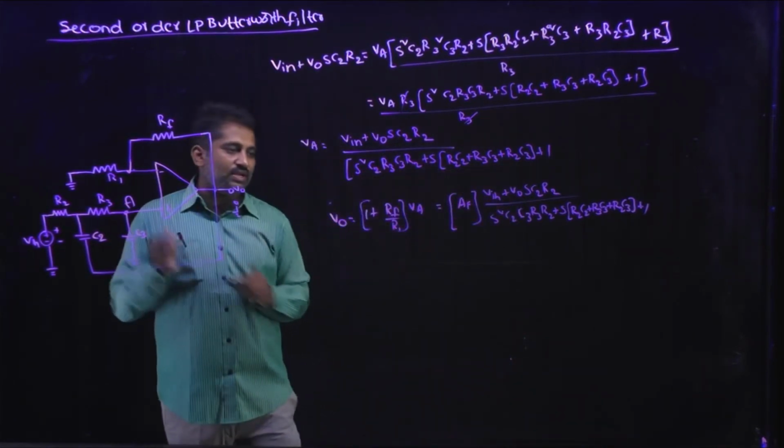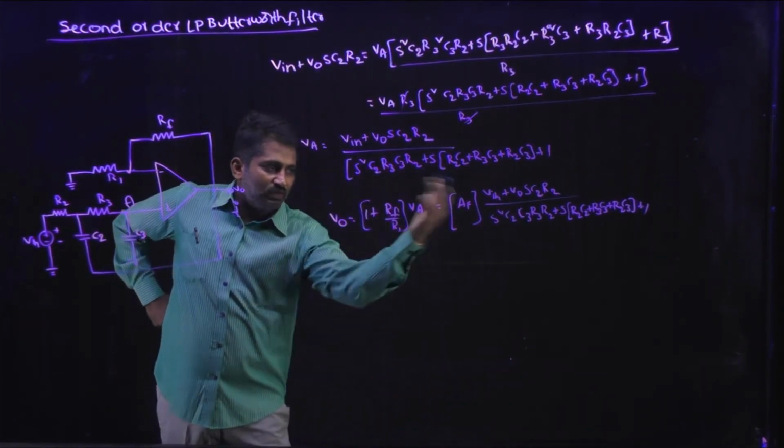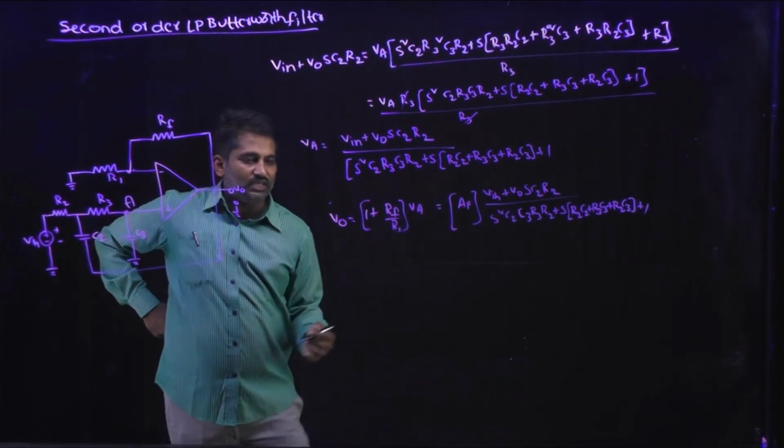Now take V0 terms on one side and Vin terms on the other side.